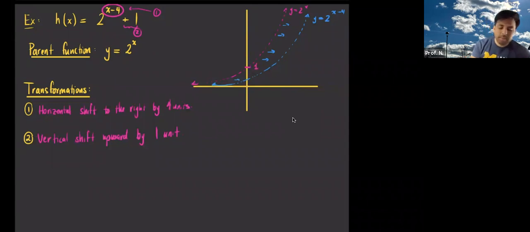So my horizontal asymptote is no longer at 0, but at y equals 1, because I shifted it up by 1. And so I moved the blue curve up 1 unit as well. So I got something that looks like this.